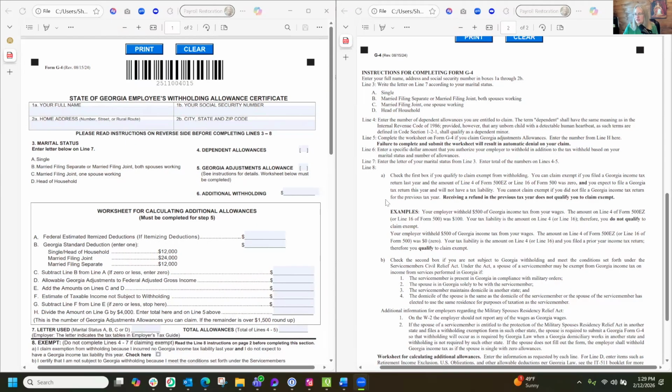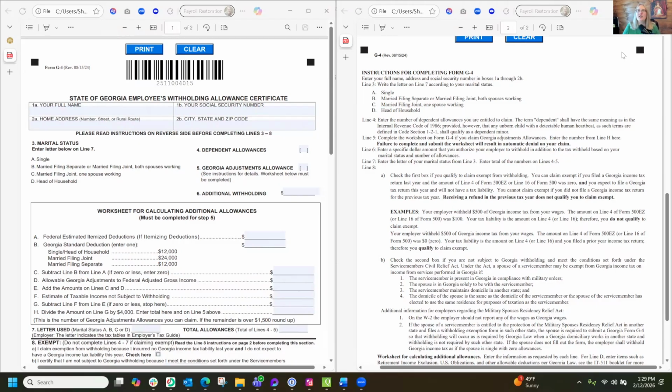All right, there we go. For this video, I'm trying a little bit of a different look. I've got the withholding certificate on one side and the instructions that go along with it on the other side. It's actually the same document, with page one on one side of the screen and page two on the other side.